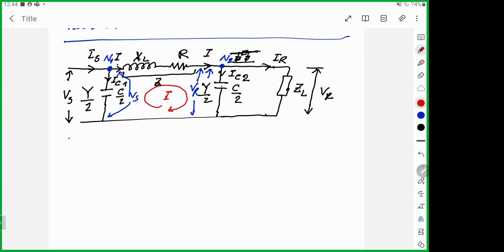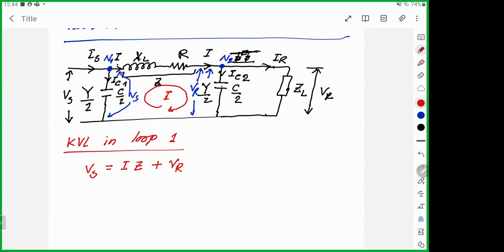So we can just write KVL in loop 1. I can write VS is equal to I Z plus VR.